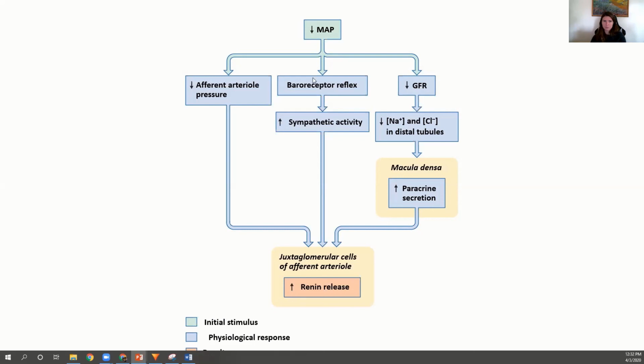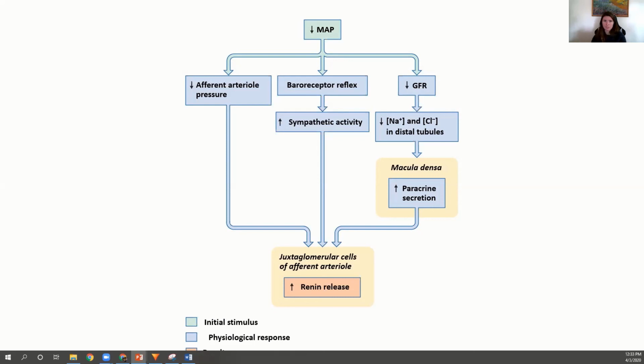If we have low blood pressure, we'd also trigger our baroreceptor reflex, which we talked about with the cardiovascular system, but the baroreceptor reflex really just upregulates sympathetic activity.